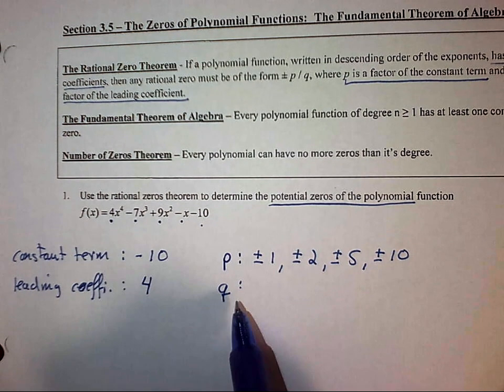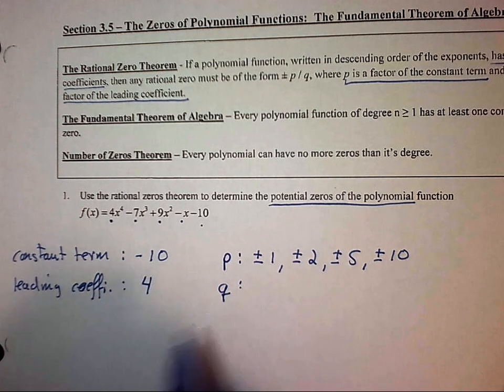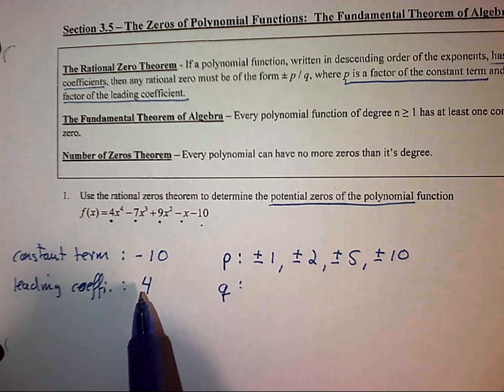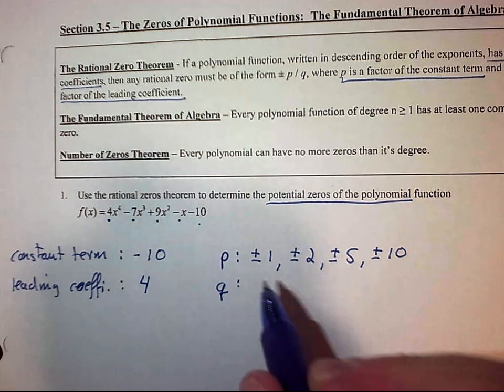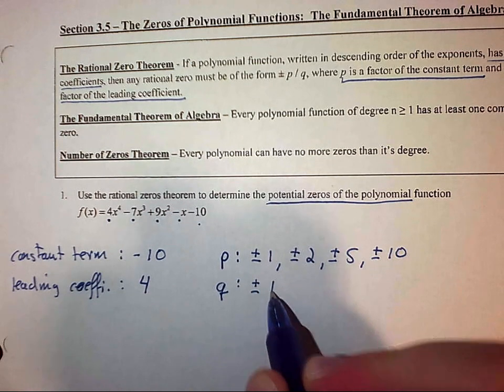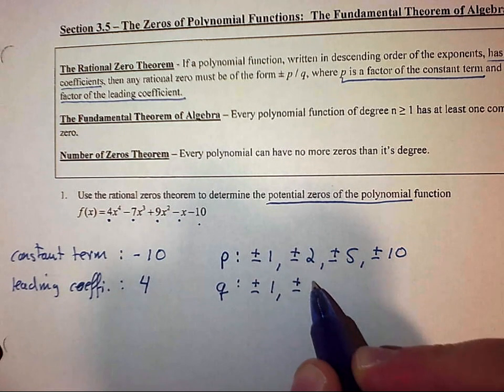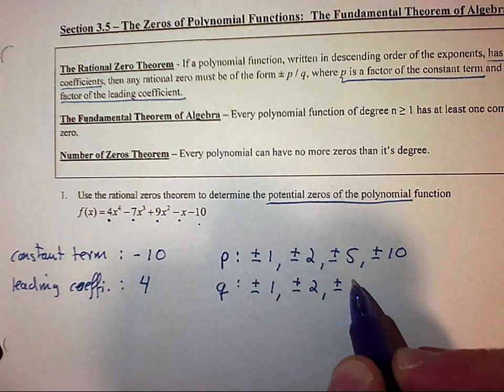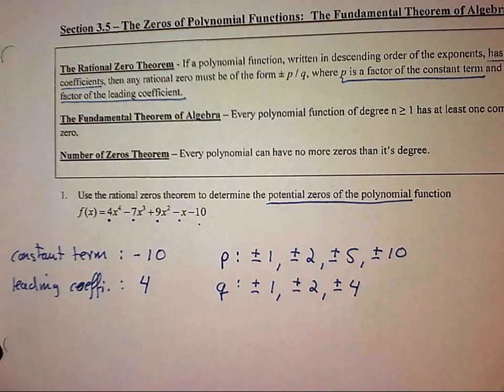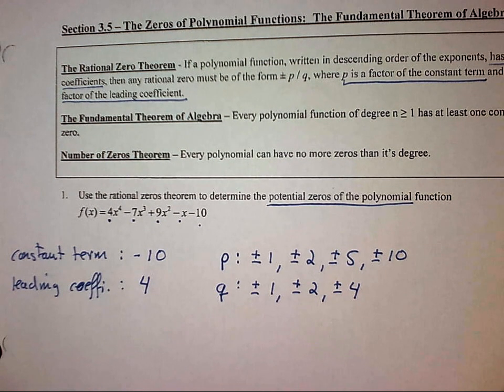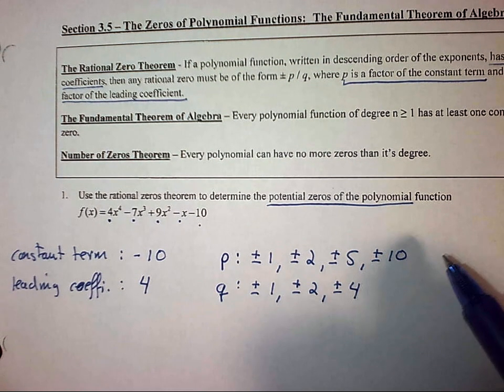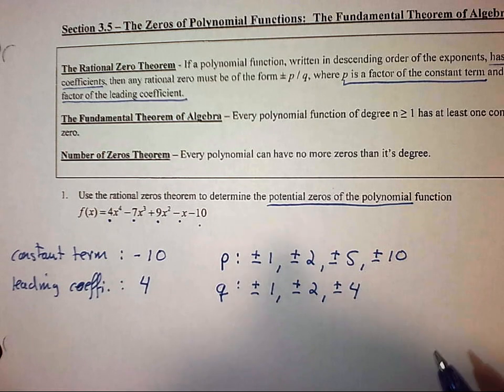So now we need to identify what q is, and q is going to be the factors of the number 4. The factors of the number 4 are again plus or minus 1, plus or minus 2, or plus or minus 4. So these things are the factors of our constant term and the factors of our leading coefficient.